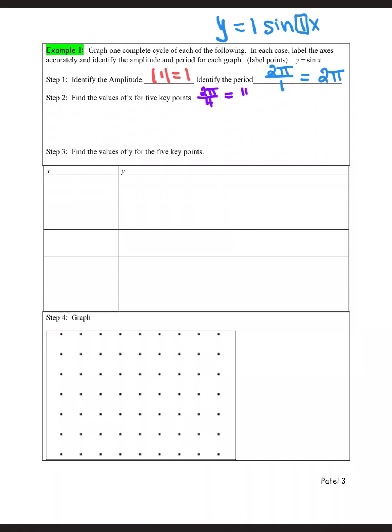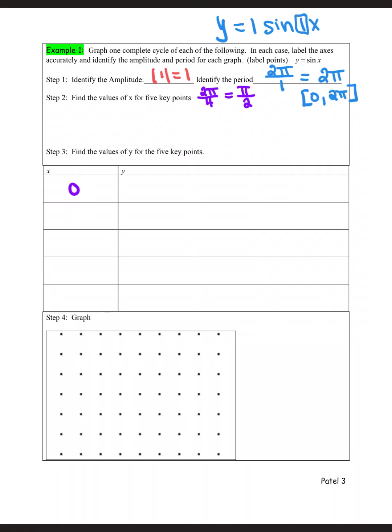So I'm basically counting by, if I simplify this fraction, pi over 2. And since we don't have a phase shift here, and the period is 2 pi, we're graphing it from 0 to 2 pi. That's my interval. My first x value will be 0.